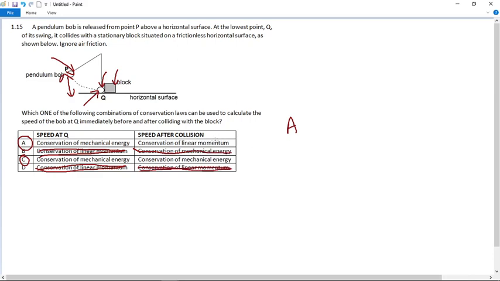Why can't we use mechanical energy? Maybe under special circumstances we can, but it's more likely you're going to use the conservation of linear momentum because there has been a collision. You could possibly try the sum of the mechanical energy, but I would say that A is your safer choice.